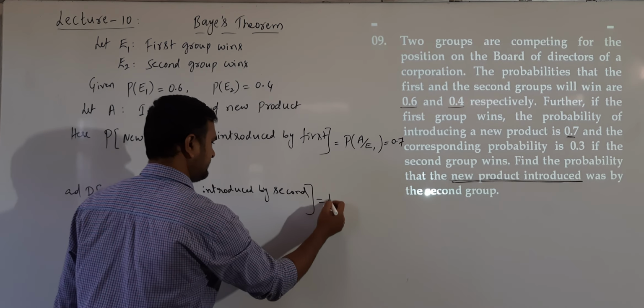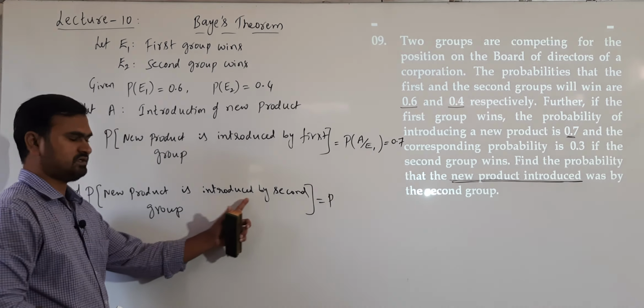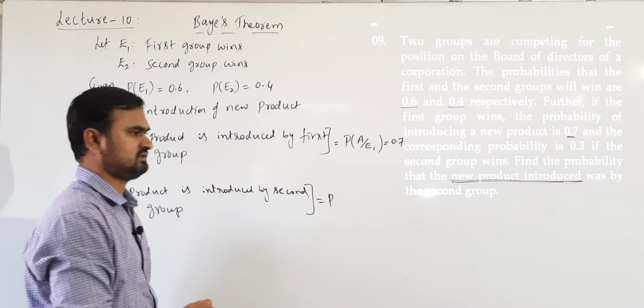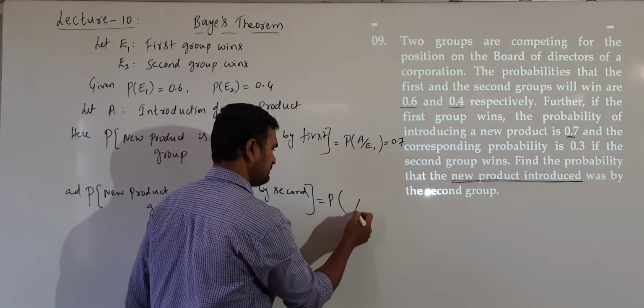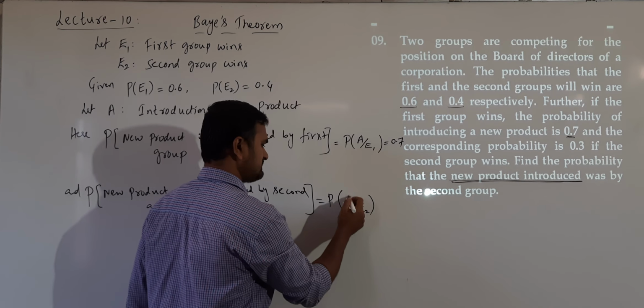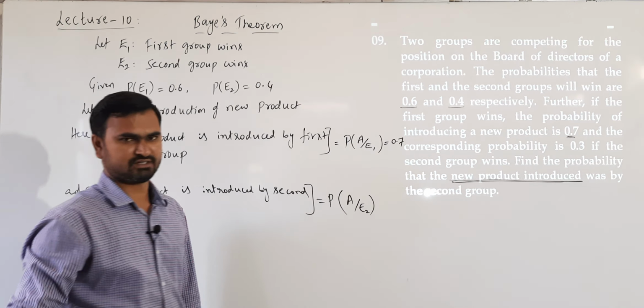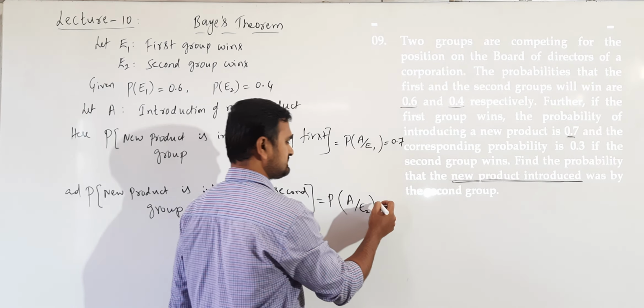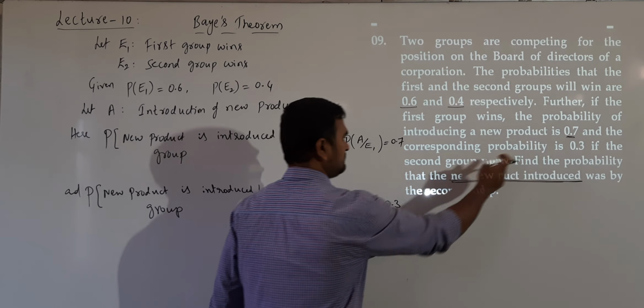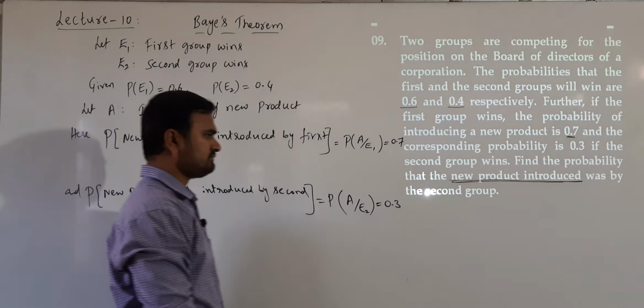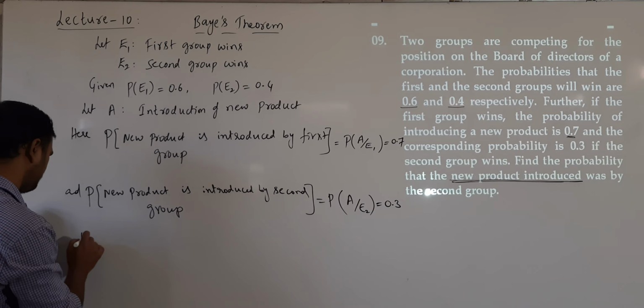What is the notation we can write? When will the second group introduce the new product? Only after they win. So knowing that the second group wins, what is the chance of introduction of new product? So P of A given E2 is 0.3, they have given.